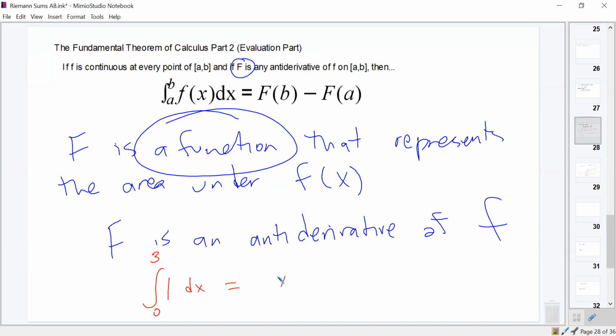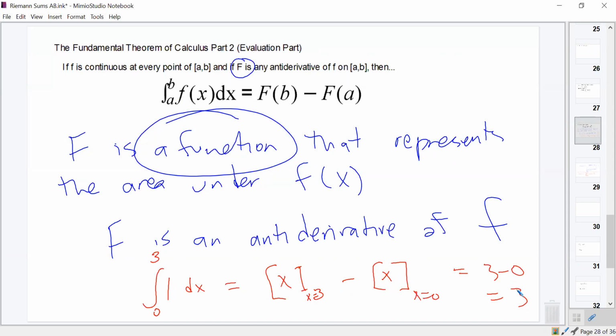So we're going to take x and evaluate it at 3, and we're going to subtract from that x evaluated at 0. And what does that give us? It gives us 3 minus 0, or 3.